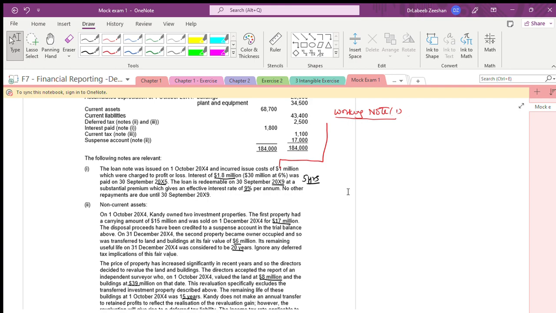And what is the cost they have incurred? The issue cost is 1 million.